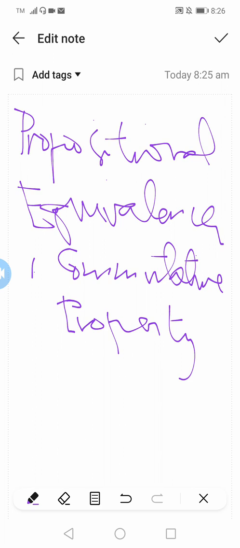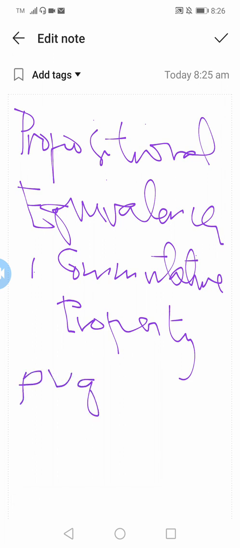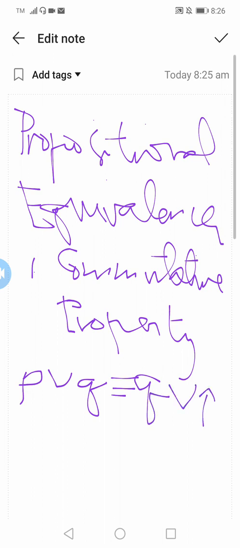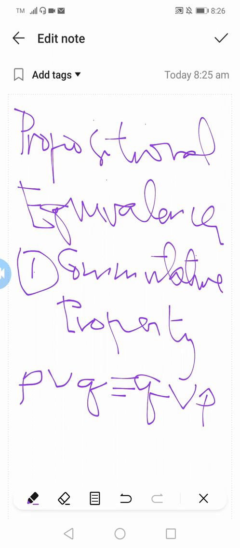So in this commutative property, we are referring to P or Q, which is equivalent to Q or P. So this is our first propositional equivalence with regards to statements in propositional logic.